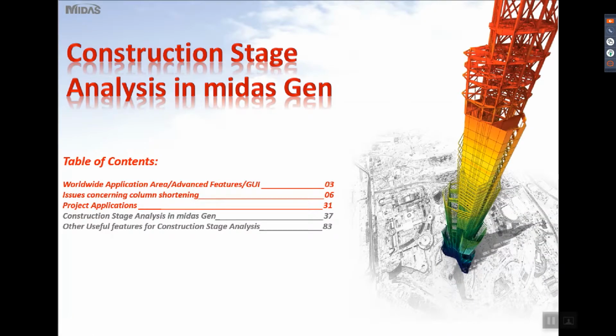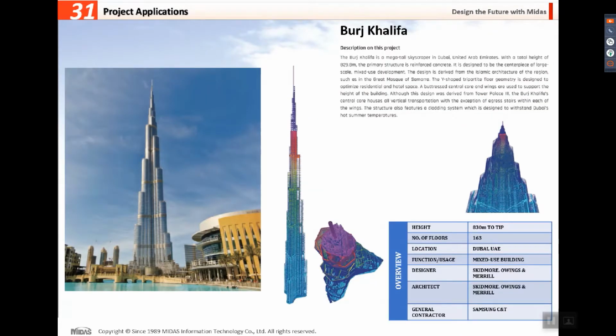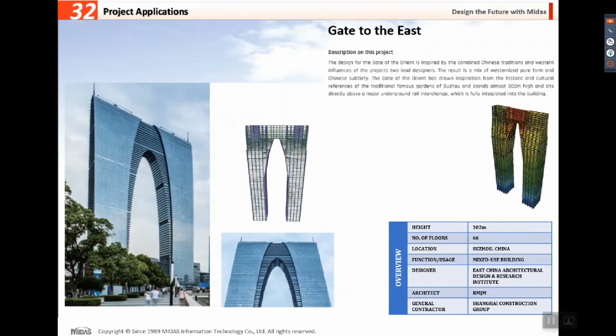For the project applications of construction stage analysis in midas Gen, these are some of the notable projects where construction stage analysis has been applied. The first one that I can show you is the Burj Khalifa. The gate to the east.